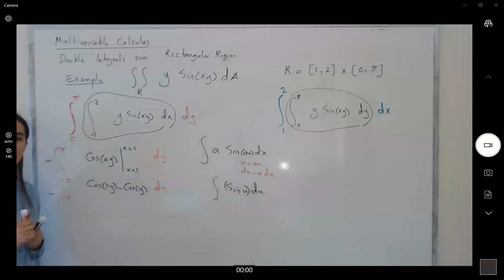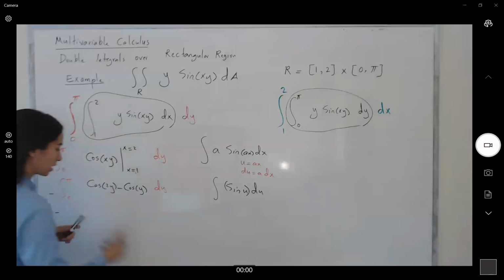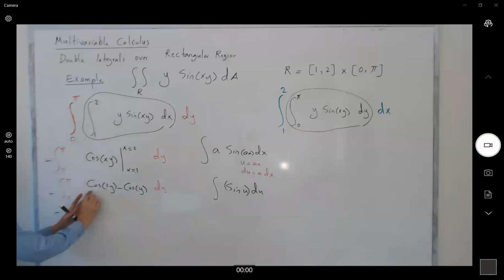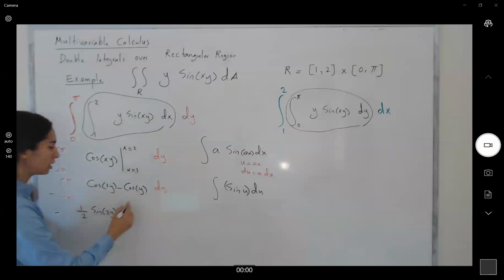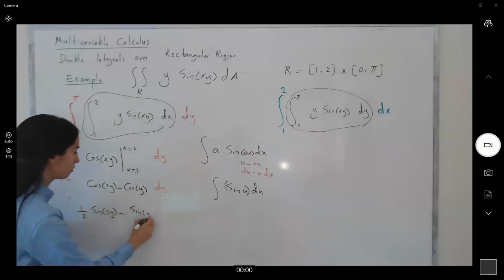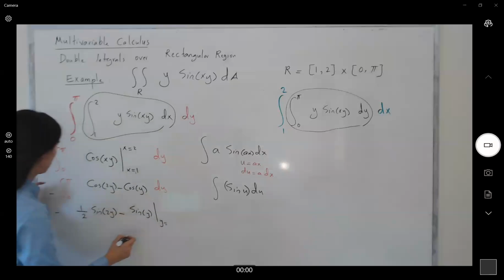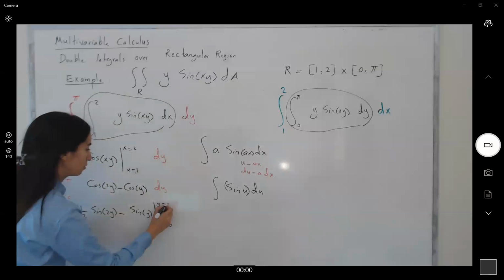From elementary calculus, we know how to take this integral. So here you have cosine of 2y. Again, by using u-sub, we get a half sine of 2y minus cosine of y is just sine y. y ranges between 0 to pi.